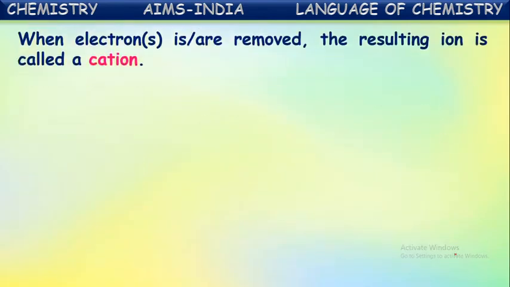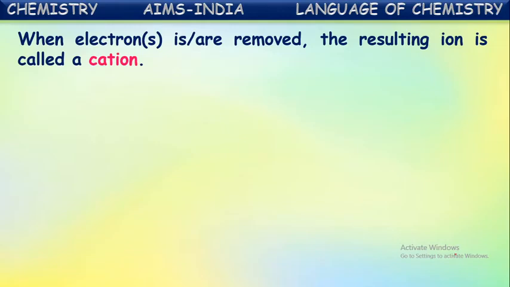Next, when electrons are removed, the resulting ions are called cations. Ions are formed either by losing or gaining electrons, and based on this, ions are of two kinds. When electrons are lost by atoms, the ions formed are positively charged, as the number of electrons decreases.